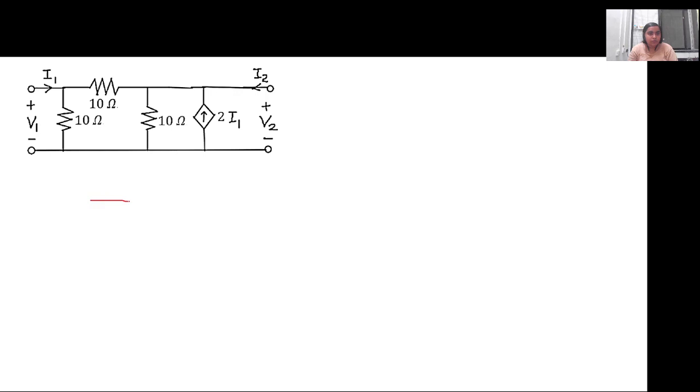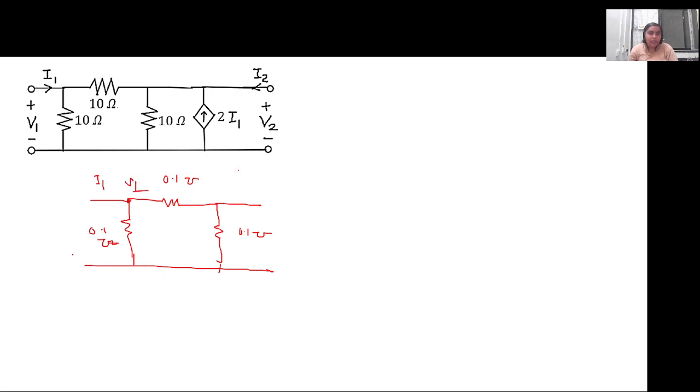So how to write the equation for I1 and I2? This will be 0.1 mho, and this is 0.1 mho. This is V2, and let's say this is V1.